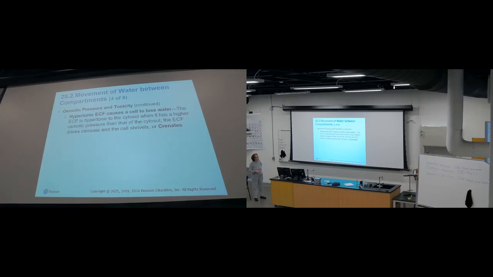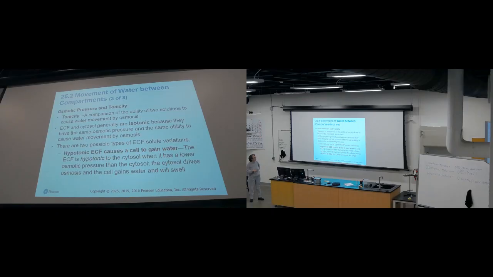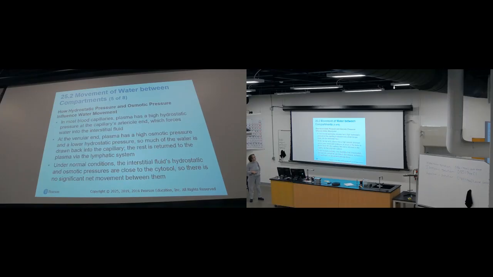So you will lose cell volume, because your cells will have less concentration of solids. The water that you have inside the cells will move out in order to try to dilute the solution. So your cell will crenate. And then when you put it in hypotonic solution, your cells can burst. And this is called cytolysis.